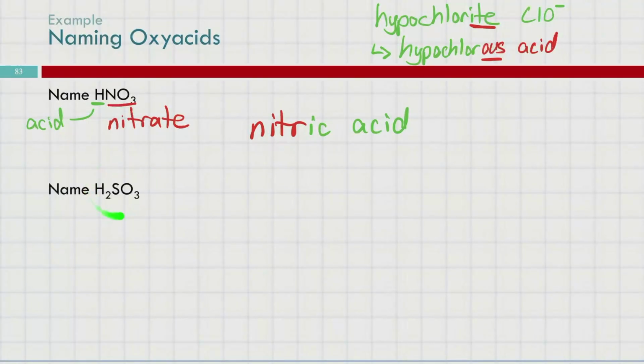For H2SO3, we can identify that it's an acid because of the hydrogen in front. And then we need to find on our green sheet something that looks like SO and then some number of oxygens. What do we find that looks like that?